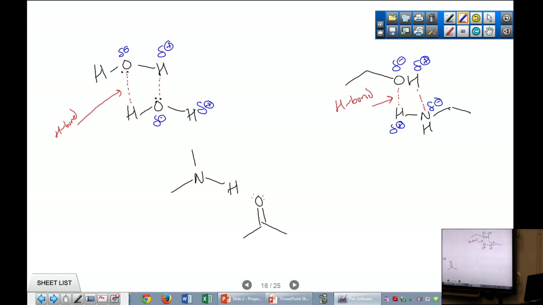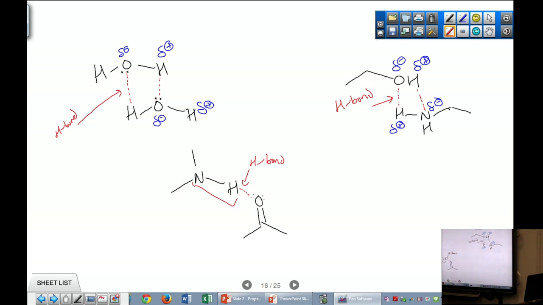It's going to hydrogen bond, attracted to the lone pair of this carbonyl, and I get a hydrogen bond here. The carbonyl has no hydrogen to give back to the nitrogen. That's fine. You just have to have an NH or an OH and then another oxygen, nitrogen, or fluorine for that hydrogen to interact with.